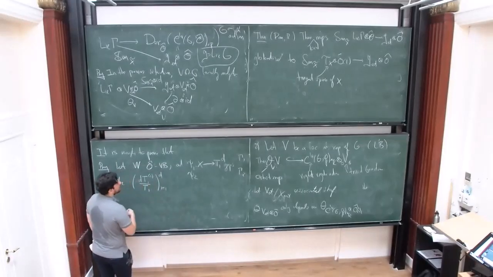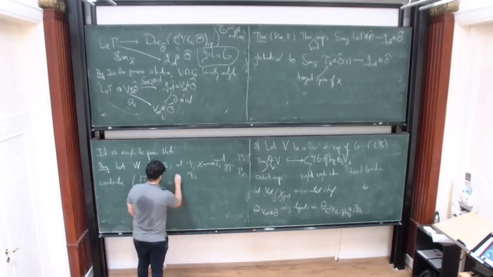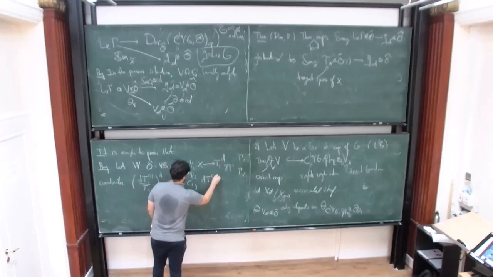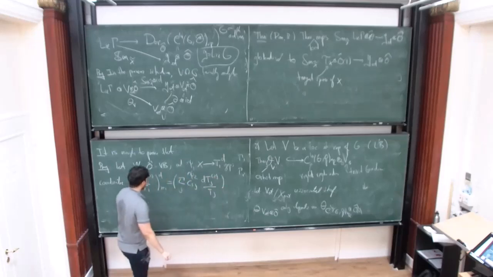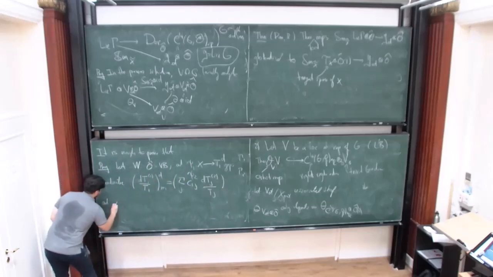This one, on the right, is just 1 by G, so C by G, D by second coordinate G, alpha.